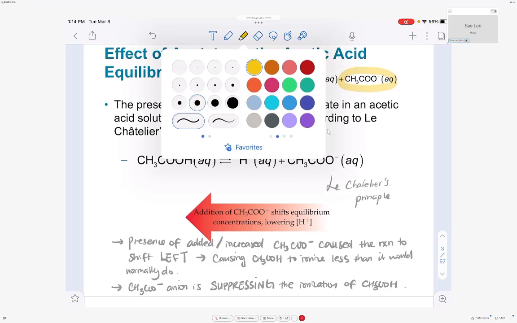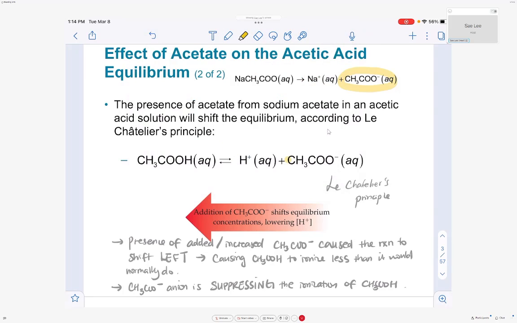Okay, this acetate anion here is called the common ion. Why? Because it comes from the salt form of that acid. Okay, this is the common ion.